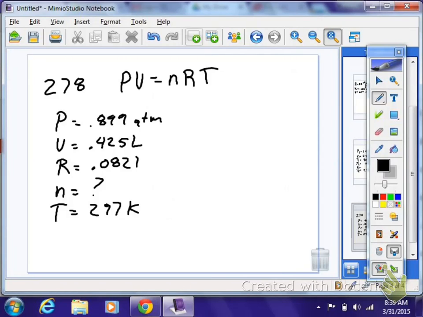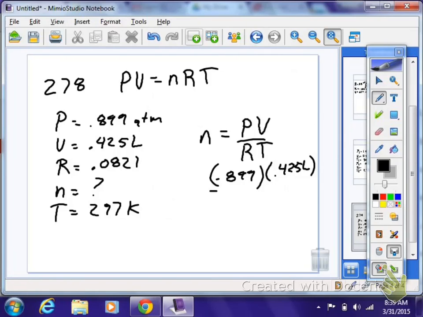Then we got to find moles. So n equals PV over RT. So pressure 0.899 times 0.425, divided by 0.0821, divided by 297.